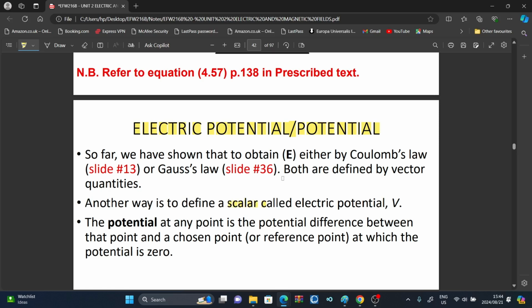So that's your electrical potential energy. Now we are going to try to understand how we can use our voltage, or electrical potential value, to obtain our electric field, E. Because in the previous examples we used Coulomb's law and Gauss's law.